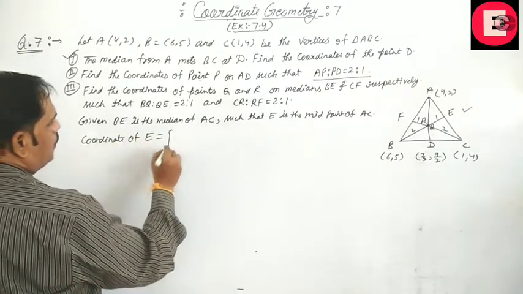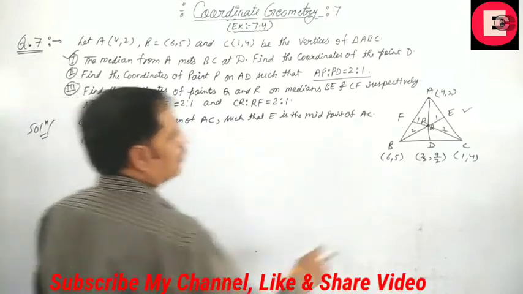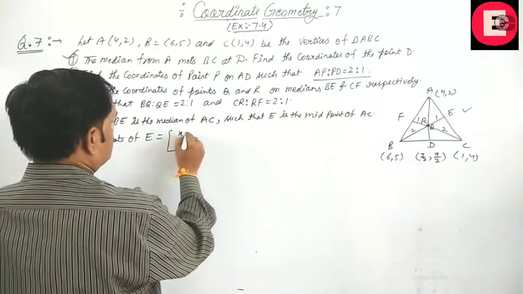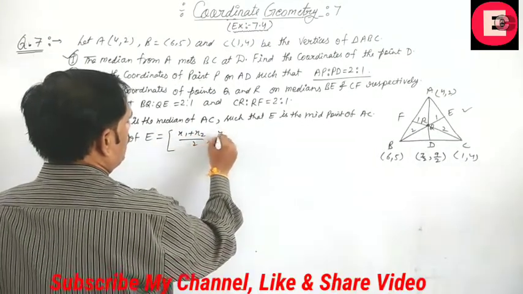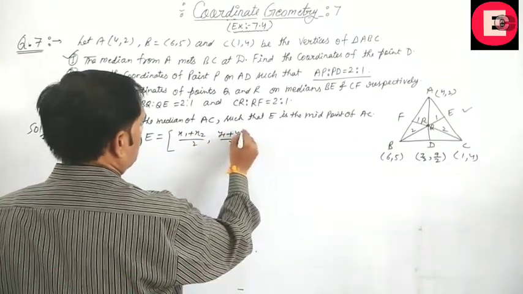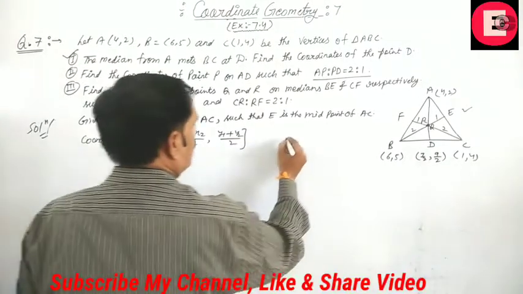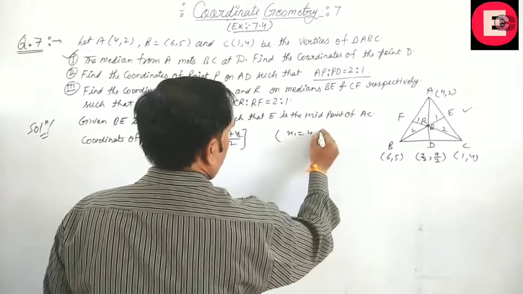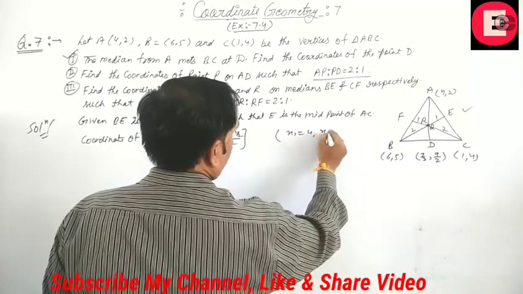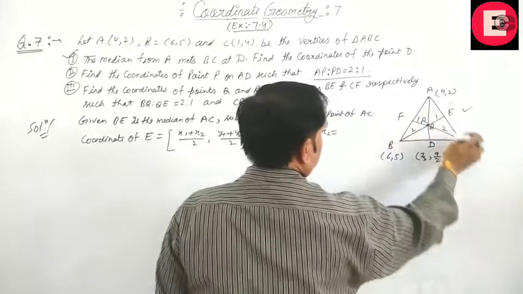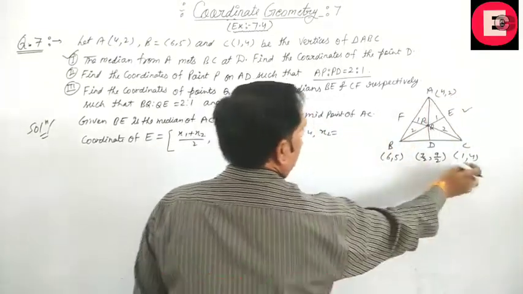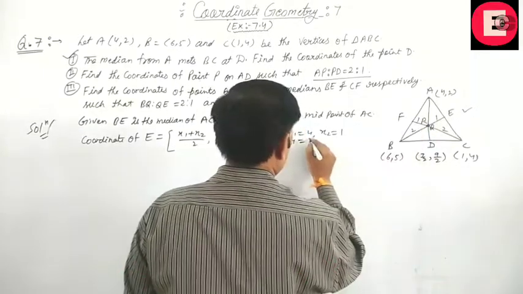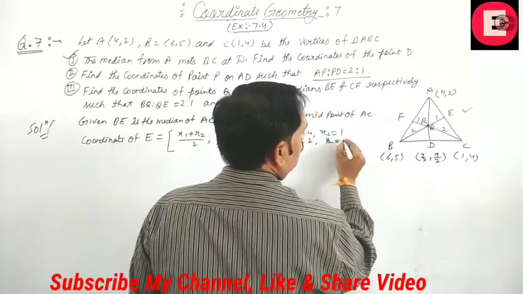So the coordinate of E is equal to, here x1 is equal to 4, x2 is equal to 1, y1 is equal to 2 and y2 is equal to 4.